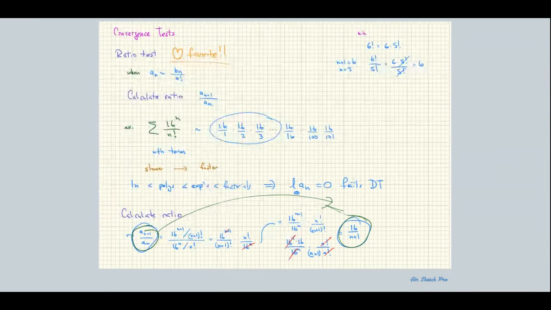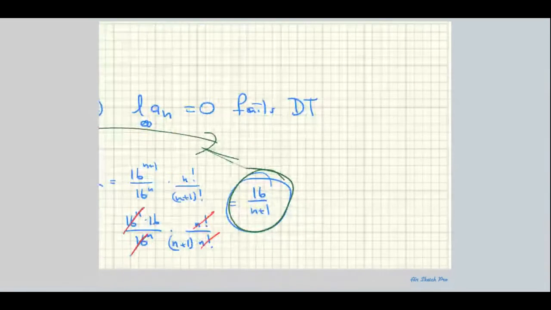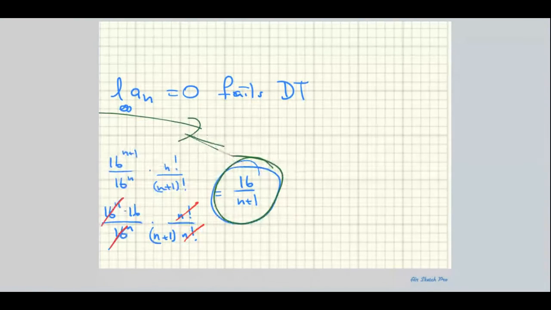And now my next question is, what's the limit of the ratio as n goes to infinity?